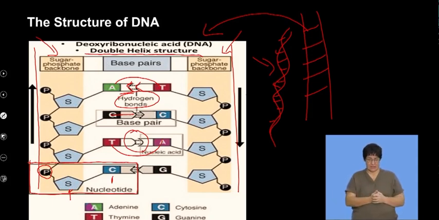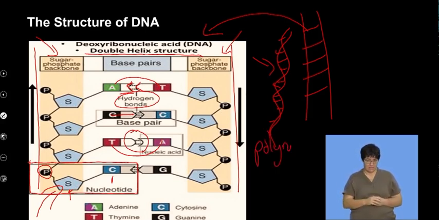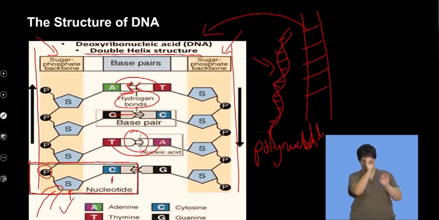So if we try and unpack this model again, I'm going to very quickly go back to what the structure of DNA is. DNA is made up of nucleotides. It's a polymer, so it's a polynucleotide, and that essentially refers to, if we're looking at it, made up of many of these nucleotide molecules.